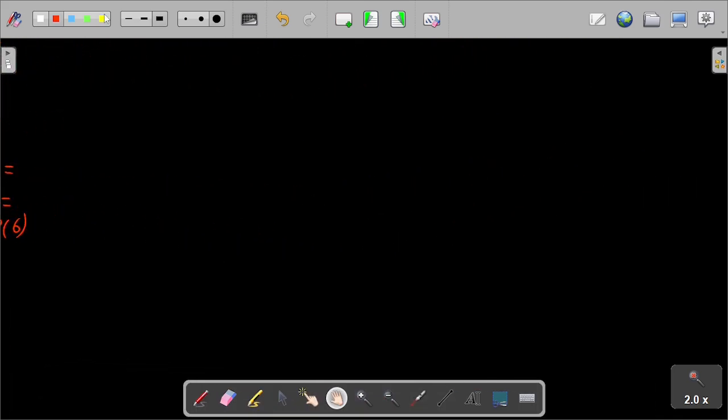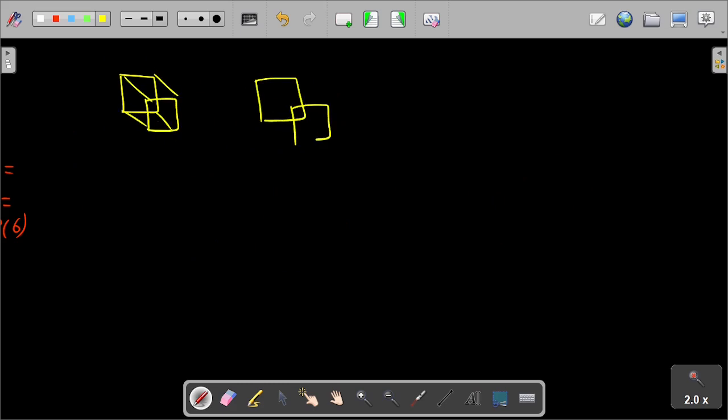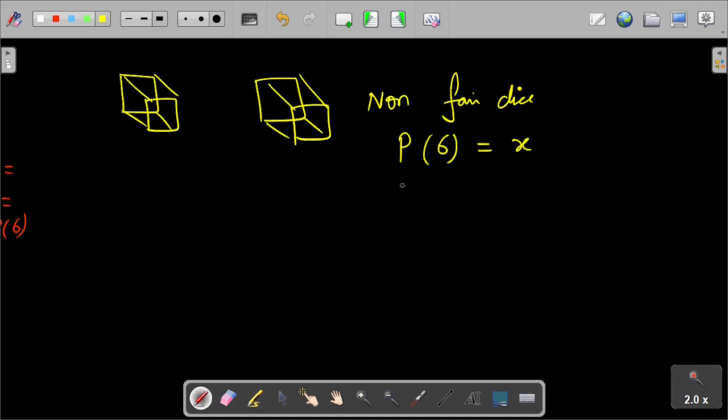We have one fair dice and one non-fair dice. Let us assume the probability of getting 6 on the non-fair dice is x. What should be the probability of getting 1, 2, 3, 4 and 5?